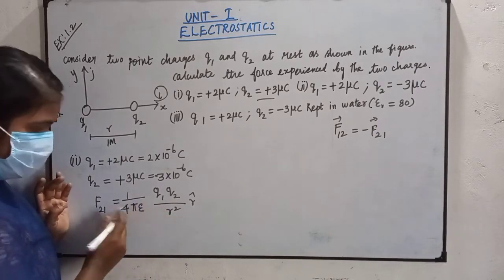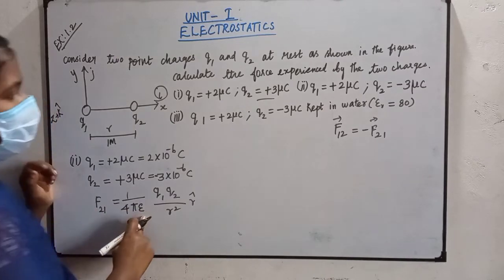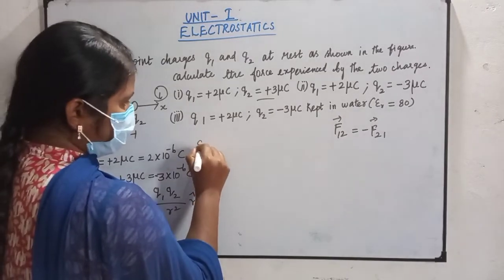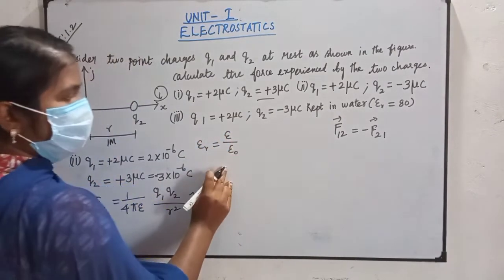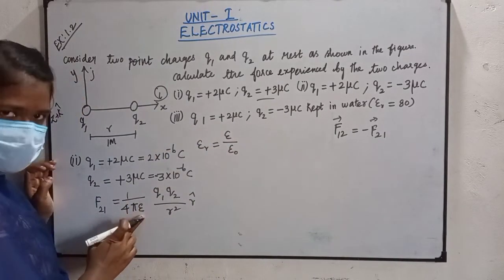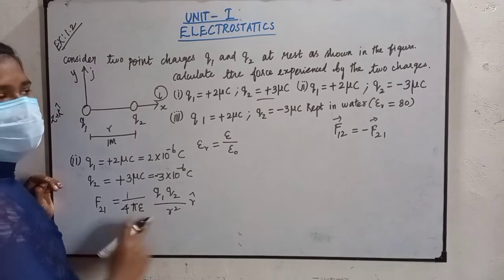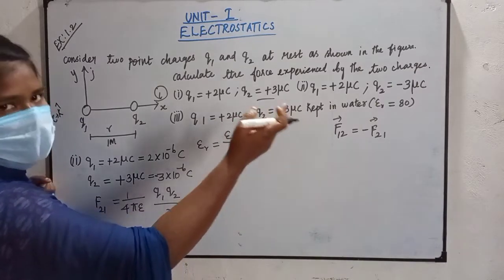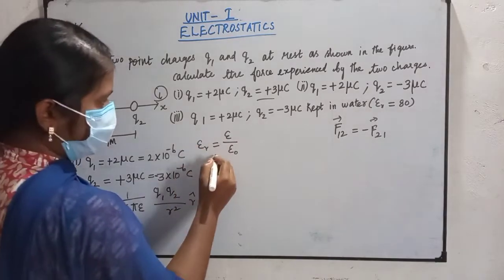Coulomb's important aspects we already discussed. We also know the formula epsilon r is equal to epsilon by epsilon naught. Now here we have epsilon, but we don't have the value of epsilon. They give the value of epsilon r. So we have to alter this equation likewise.